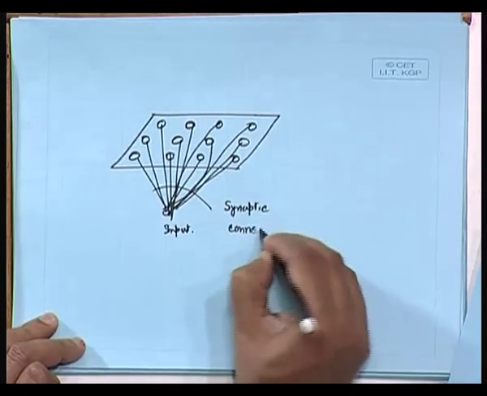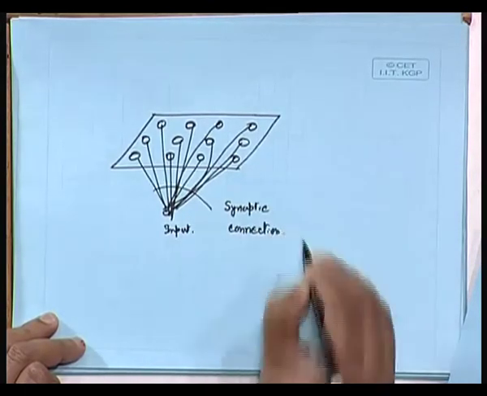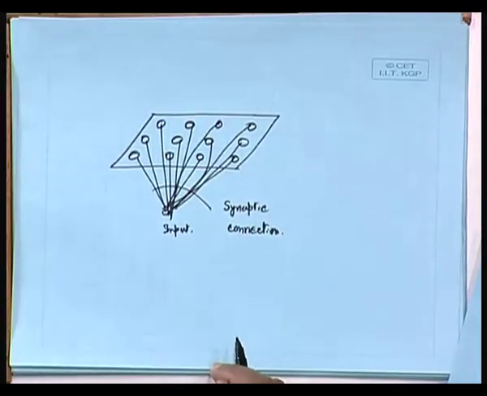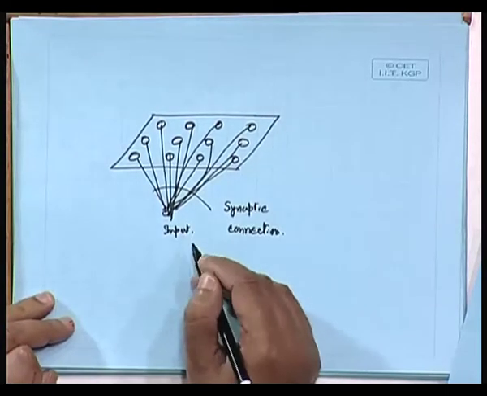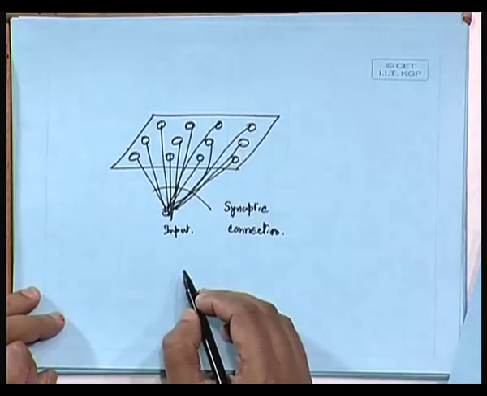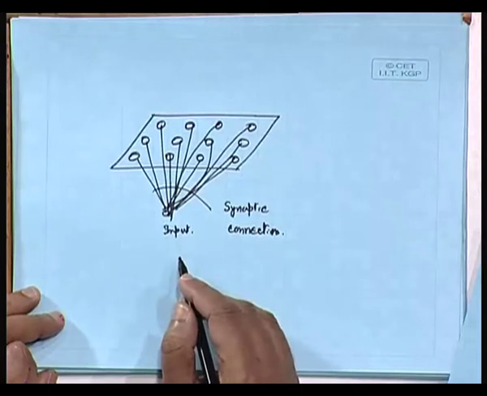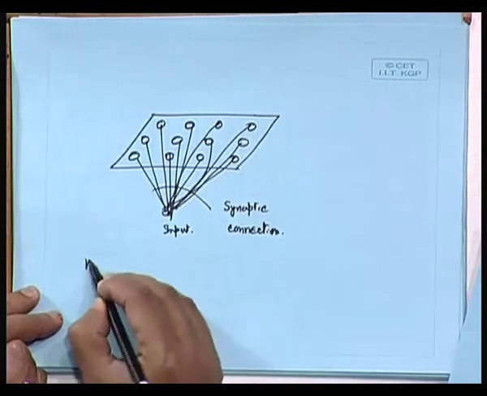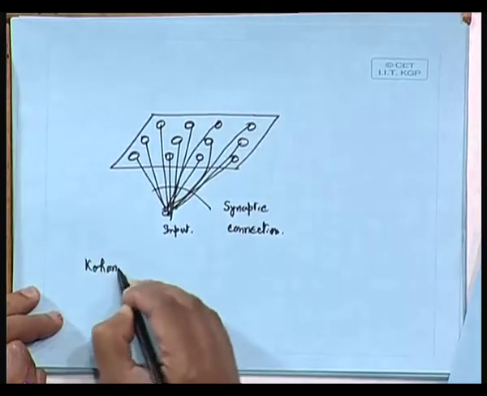In this case, it is actually possible to have data compression, because the number of inputs could be less than that of outputs. This is what the Kohonen model is.